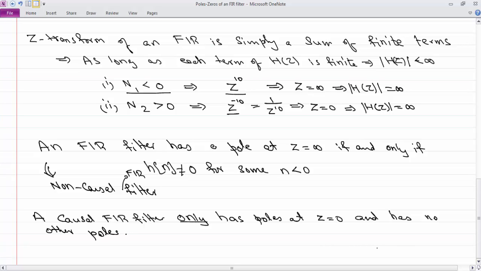Okay. So we have talked about nothing except the poles and zeros, and we have reached the conclusion that if someone shows you a pole zero diagram and the diagram has no poles except at z equal to 0, then you will make two conclusions. Number one, it is an FIR filter, and number two, it's a causal FIR filter.